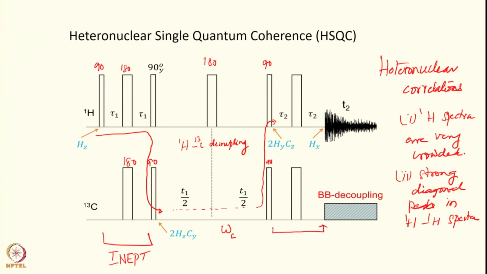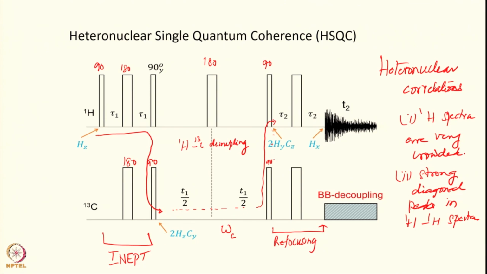This is the reverse INEPT transfer, this is the refocusing. We have the magnetization on the proton once more, but this is 2HYCZ. So this is antiphase proton magnetization, and here it was the carbon magnetization which is antiphase with respect to the proton, that remains like that only.